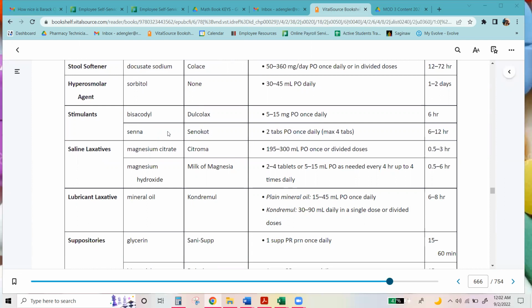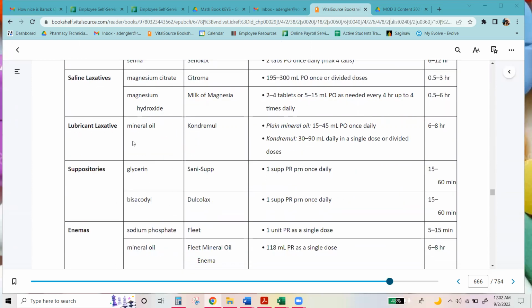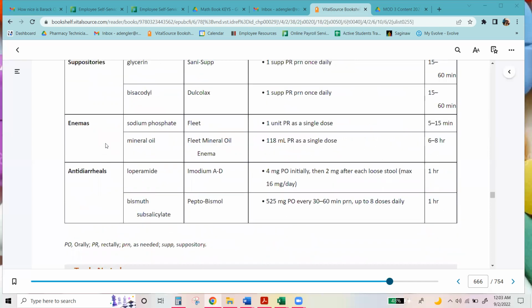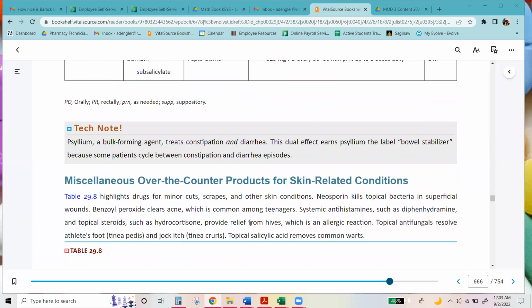We have saline laxatives like magnesium citrate and magnesium hydroxide, which is milk of magnesia. We have mineral oil as a lubricant laxative, glycerin suppositories, bisacodyl suppositories, and enemas, such as Fleet enemas and Fleet mineral oil enemas. And for diarrhea, we have Imodium and Pepto-Bismol.